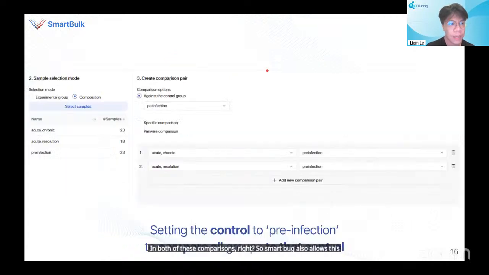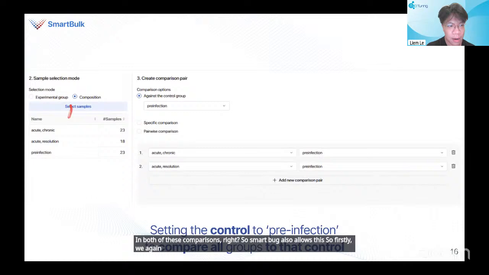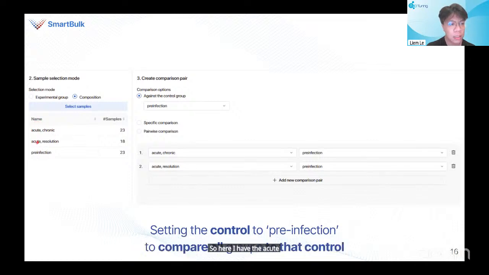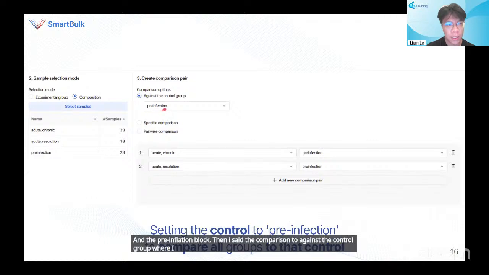Firstly, we again had to dissect our data set so that we have the subset that we want to investigate. So here I have the acute in chronic patients, acute in resolution patients, and the pre-infection block. Then I set the comparison against the control group, where I input pre-infection.